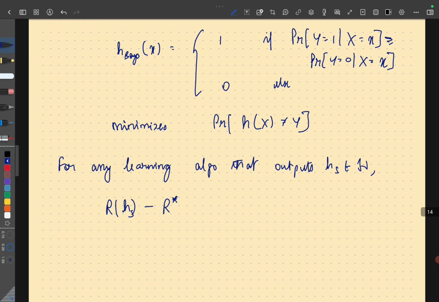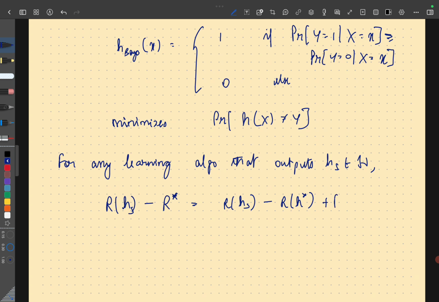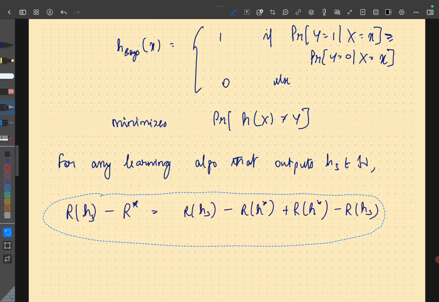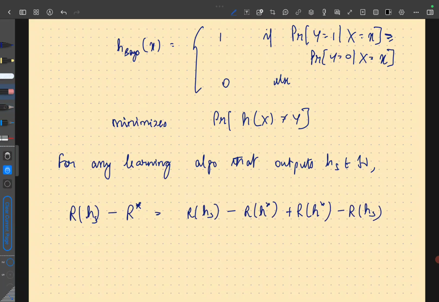But this R of hS minus R star, I can just write as R of hS minus R of h star, because h star is the best within this particular class, plus R of h star minus R star.